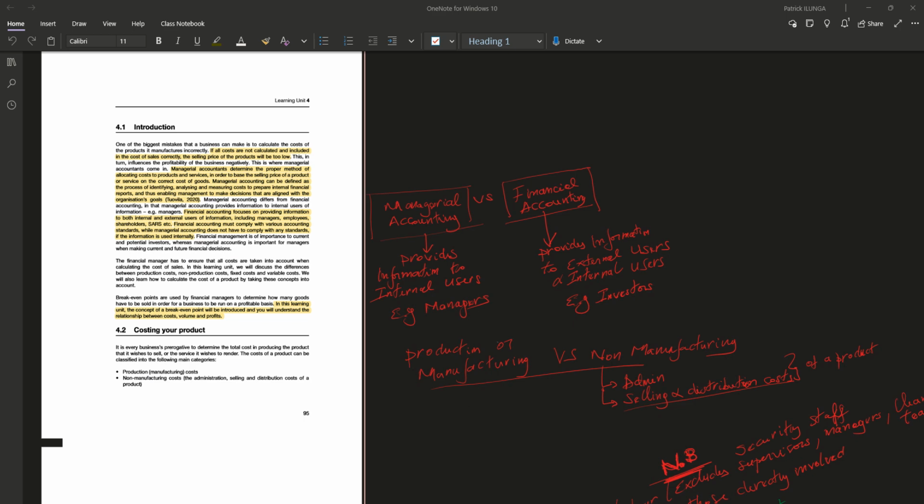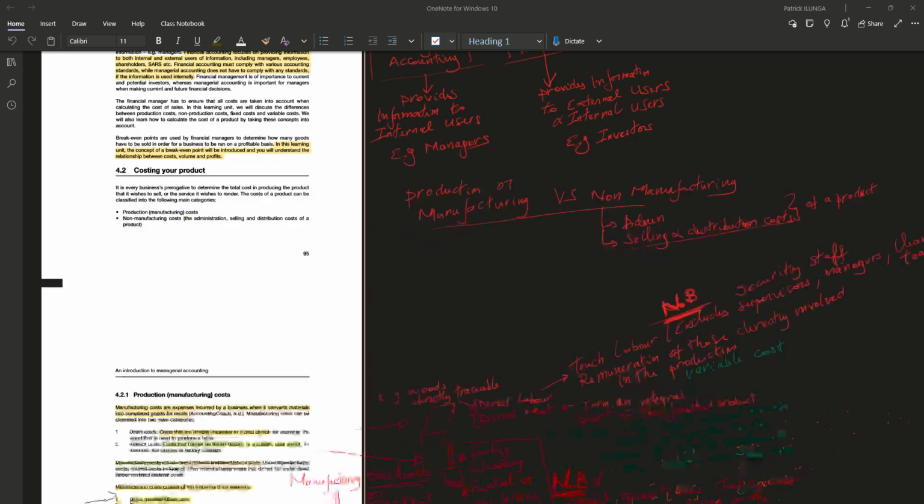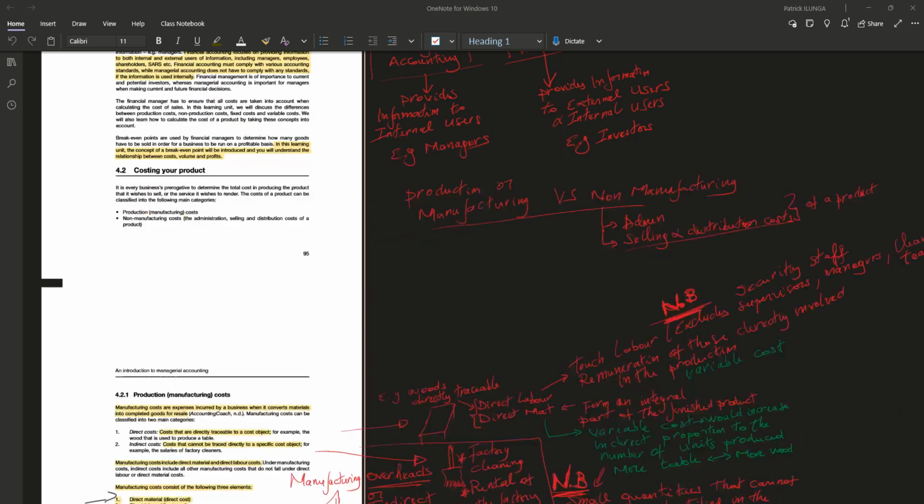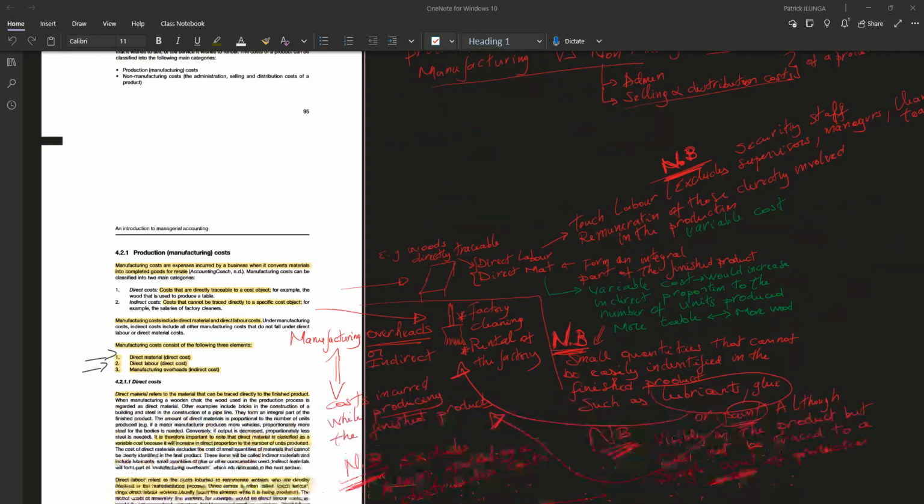So, this concept is introduced to understand the relationship between cost, volume, and profit. As per the notes in red, there are two main costs that you need to understand: the production or manufacturing cost and the non-manufacturing cost. Let's delve into the production cost.